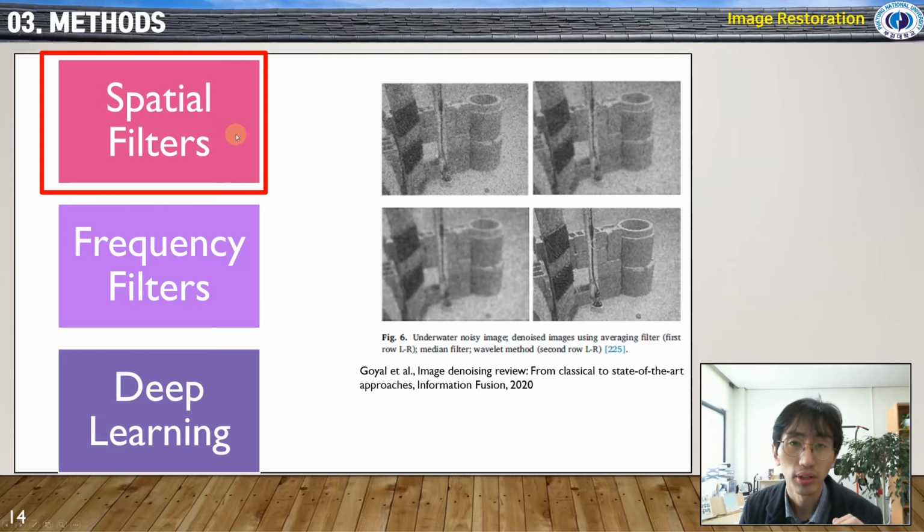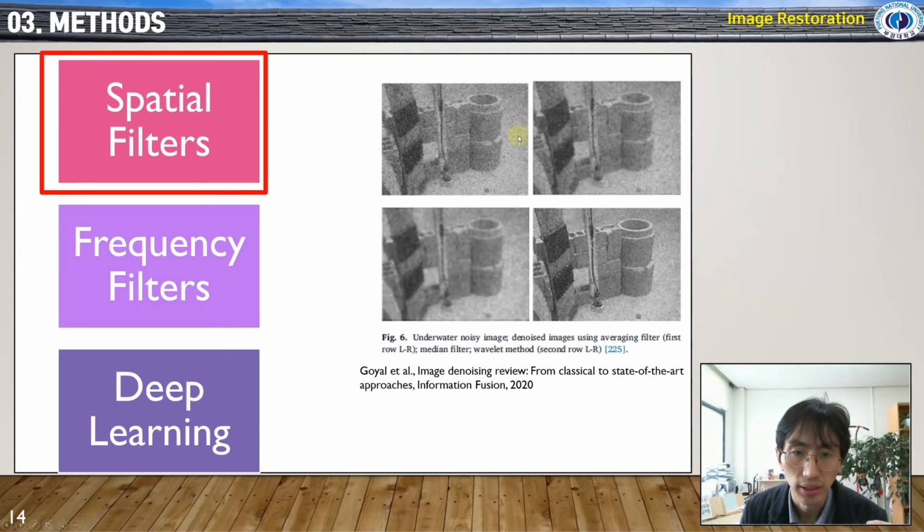We already learned the spatial filter last week, so you are familiar with this. There are many types of filters: median filter, mean filter, max filter, Sobel filter, and Gaussian filter, and you can use such filters.